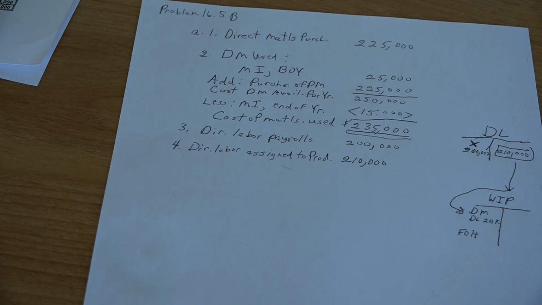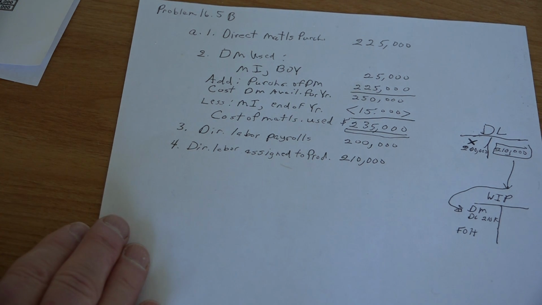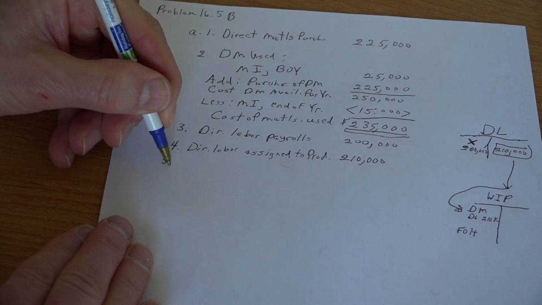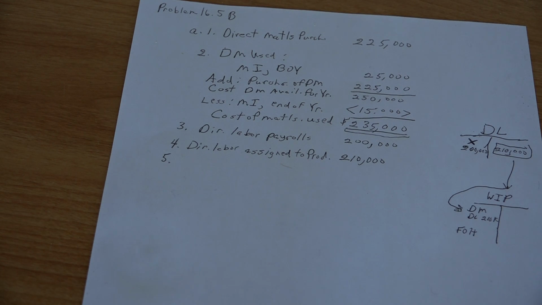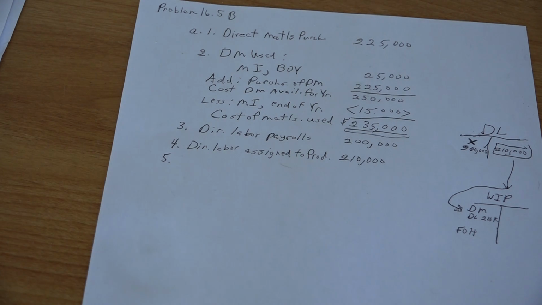All right. Moving on. 5. Overhead. Now, we didn't talk much about overhead, but we'll talk about it more as we go along. This is just kind of an introduction. It says the overhead assigned to production stated as a percentage of direct labor cost.